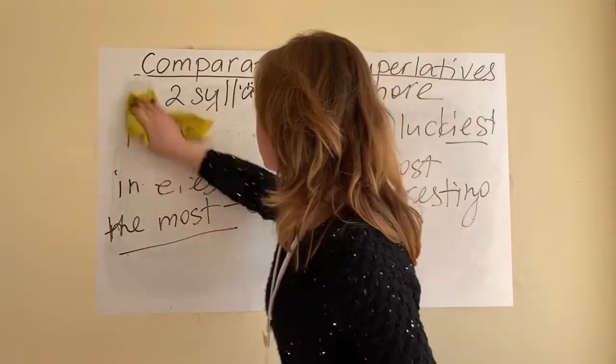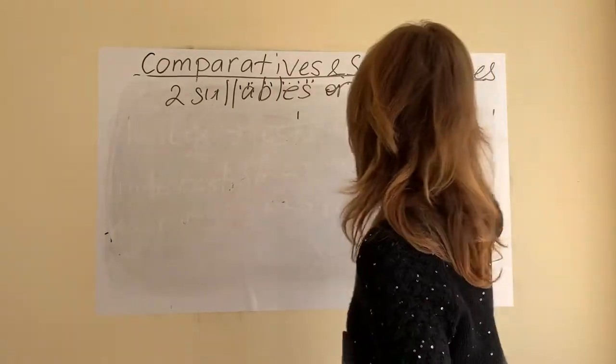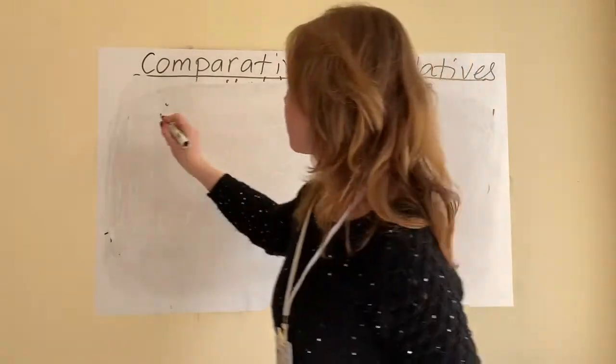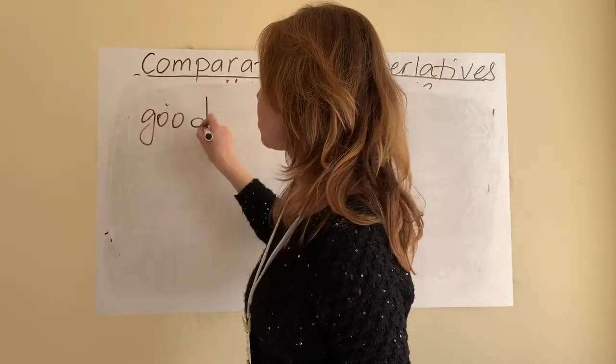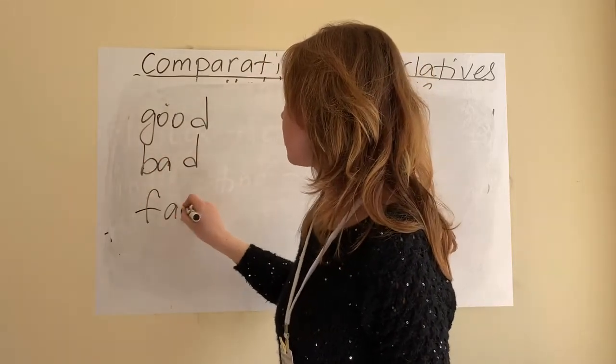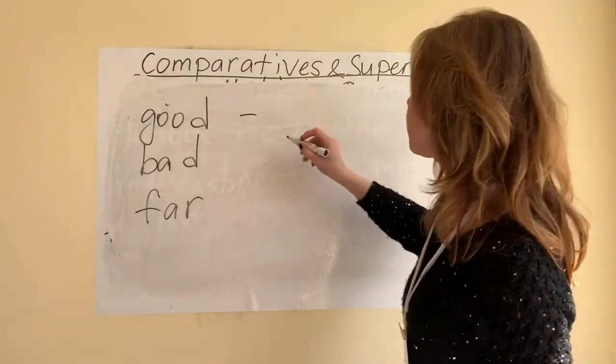And again, there are some exceptions, some irregular superlatives. You remember the words, right? So we have good, bad, and far. So these superlatives are as follows.